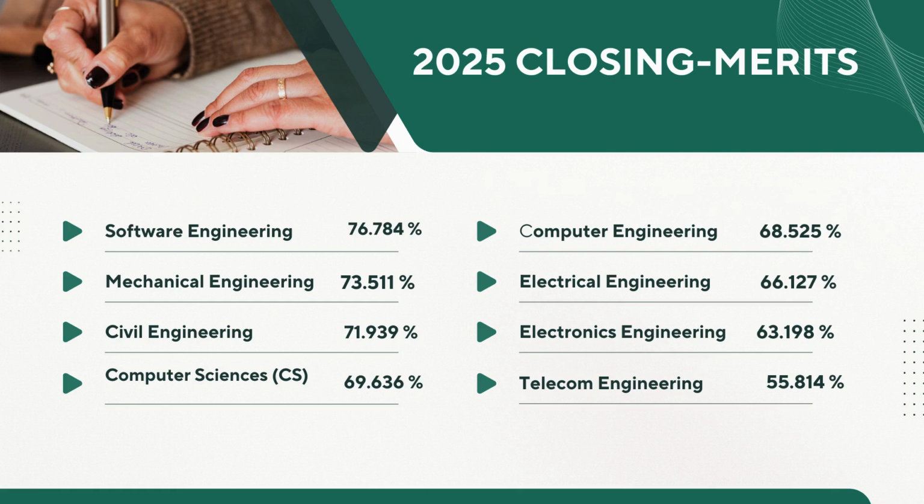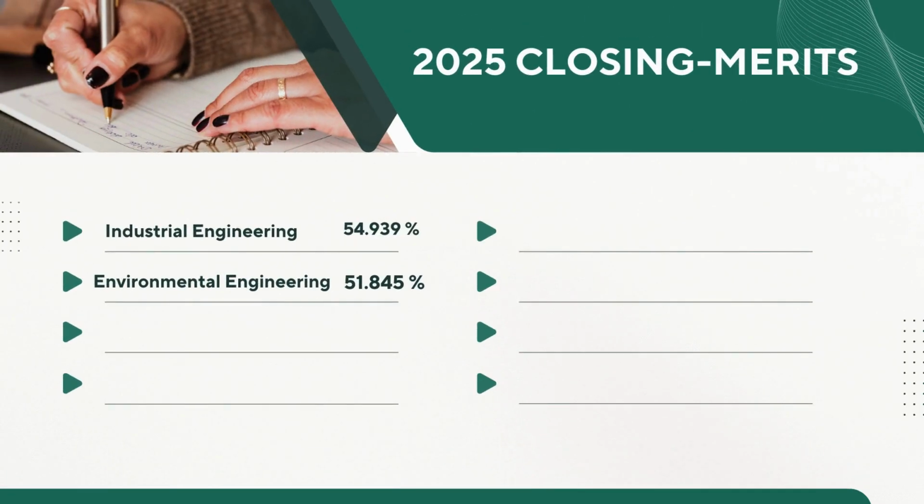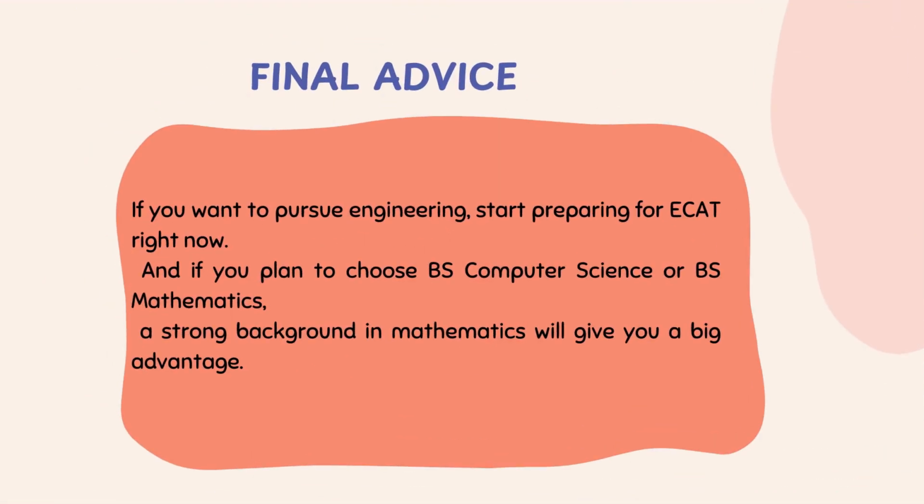Electronics engineering, 63.198%. Computer sciences, CS, 69.636%. Telecom engineering, 55.814%. Industrial engineering, 54.939%. Environmental engineering, 51.845%. If you want to pursue engineering, start preparing for ECAT right now.